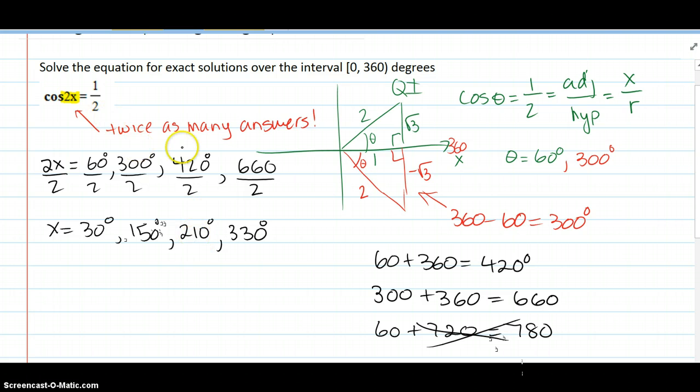If you multiply by 2, you get 420, and cosine of 420 is on the same spot as this is. So it's an angle between 0 and 360, but it becomes more than that once you plug it in and multiply by 2. So you have to be careful there with the double angles.